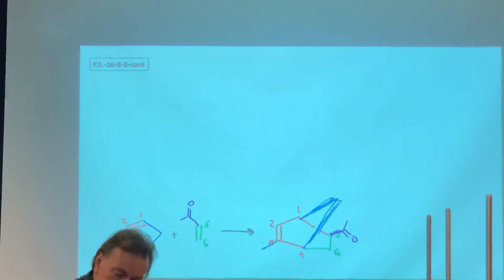Right. Now what's going to be in 3? Nothing. 3 is a double bond, it doesn't matter. Yes. So then what is the other product? The opposite, right? So the opposite would be just do this, and do this. The mirror image, so to speak, right? Yes.